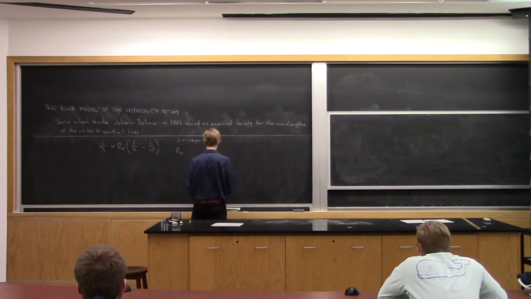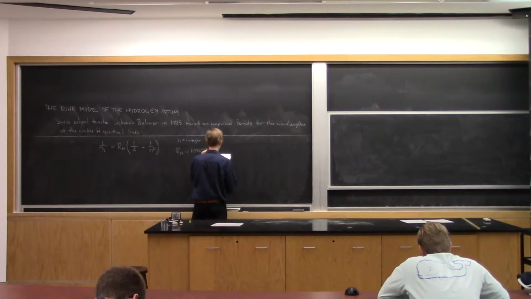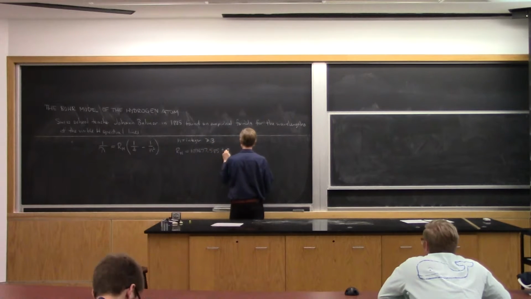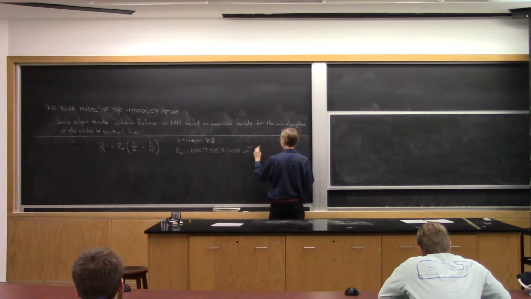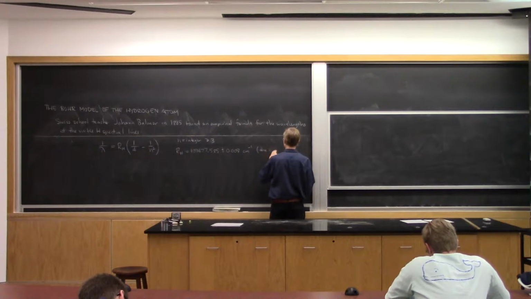And R sub H is equal to 109,677.585 plus or minus 0.008 inverse centimeters. We'll just stick with CGS here. Called the Rydberg constant.